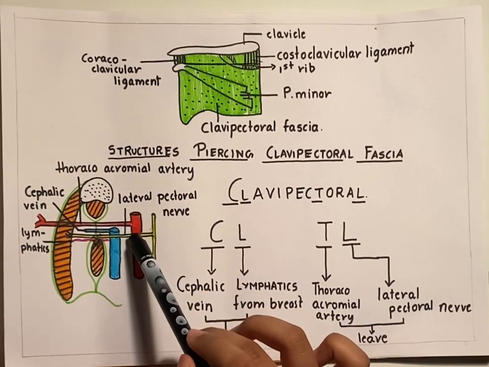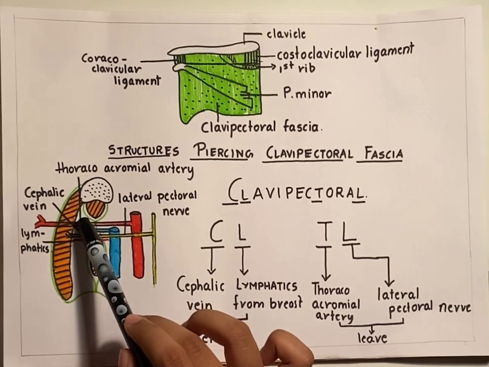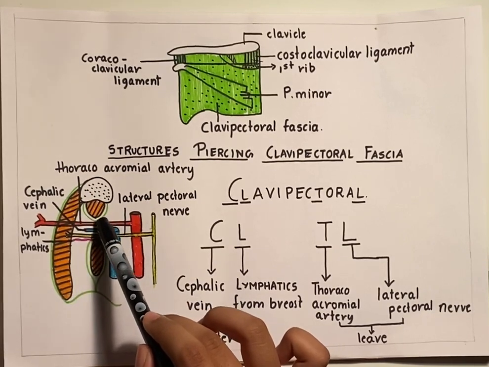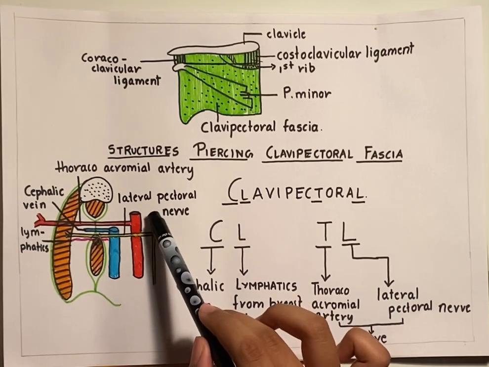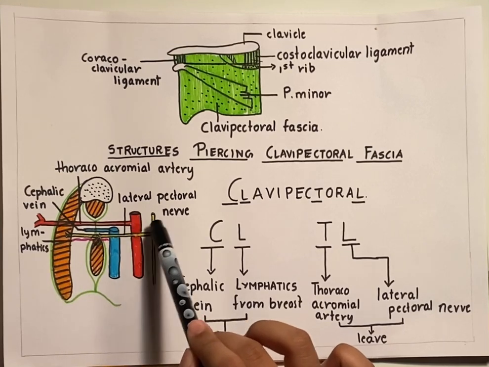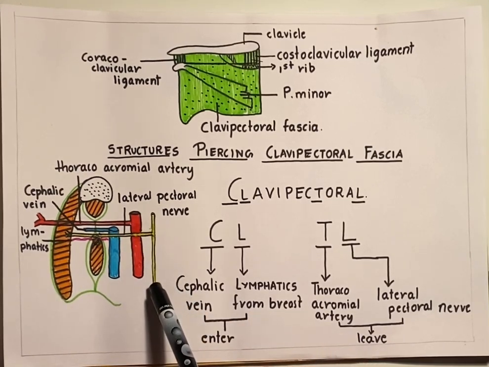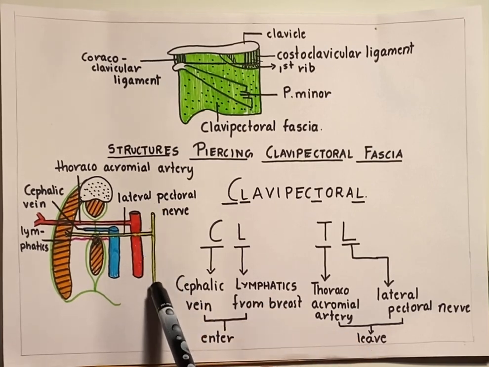Here we have our axillary artery, which gives off a branch, the thoracoacromial artery, which pierces the clavipectoral fascia and passes outwards. Then we have our lateral pectoral nerve, which is a branch of the lateral cord of the brachial plexus.